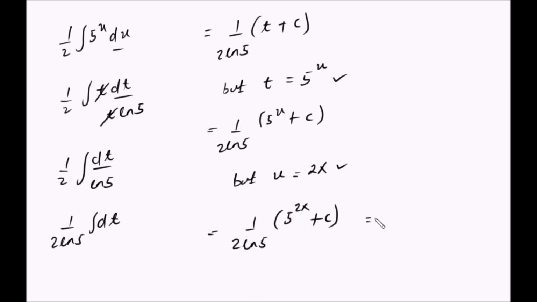So our final answer, bringing that in, becomes 5 to the power 2x over 2 ln 5 plus c. So this is the integral of 5 to the power 2x with respect to x. So that is example 3. That's the final answer. Let's now see example 4.